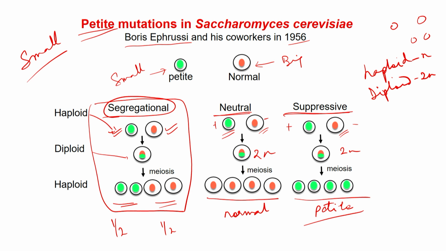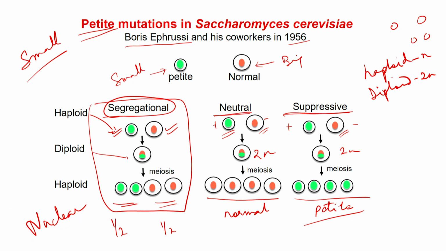Now, what happens over here? In this mutation, segregational mutation, where you see 50% normal, 50% Petite, this means that this kind of mutant, this mutant phenotype is under nuclear inheritance. Okay?